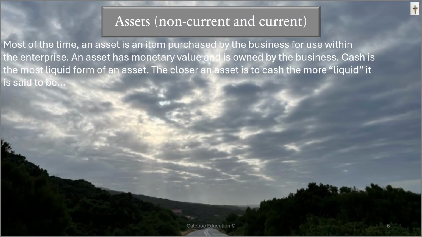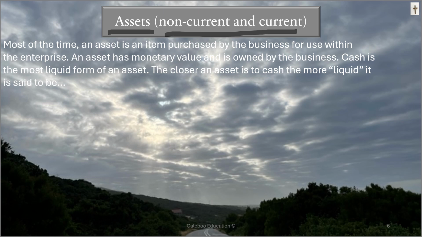Every business needs assets in order to operate. Assets are purchased by the business in order to help achieve making a profit. So we get non-current assets and current assets.